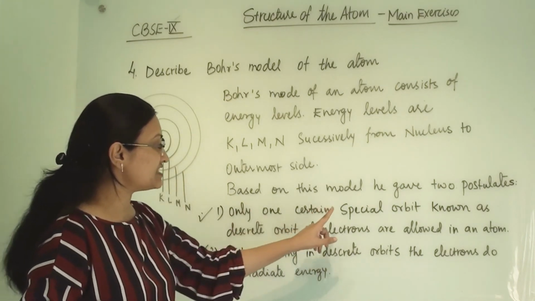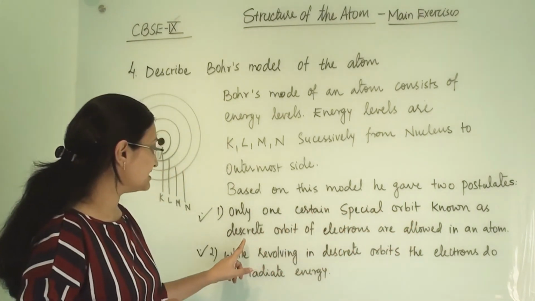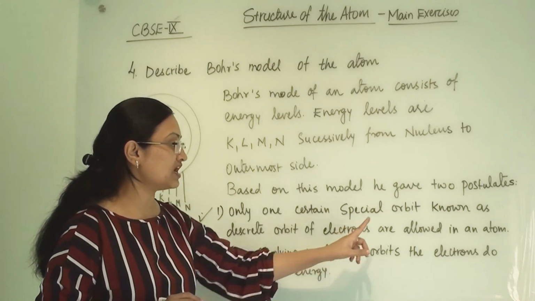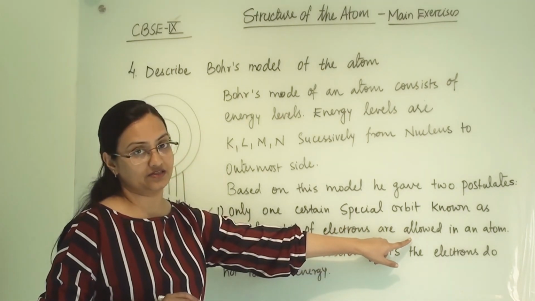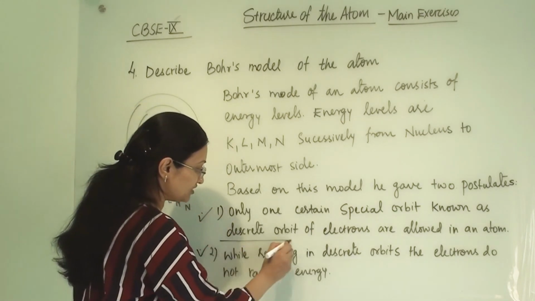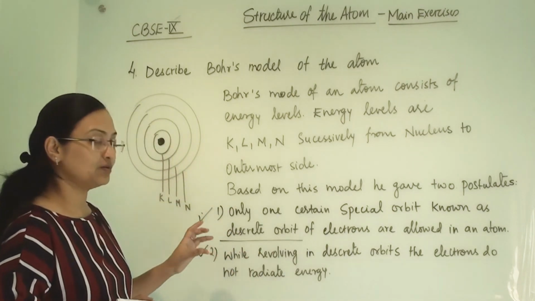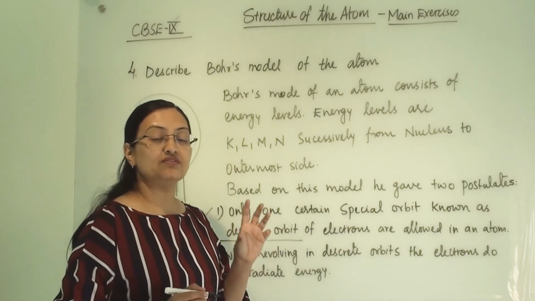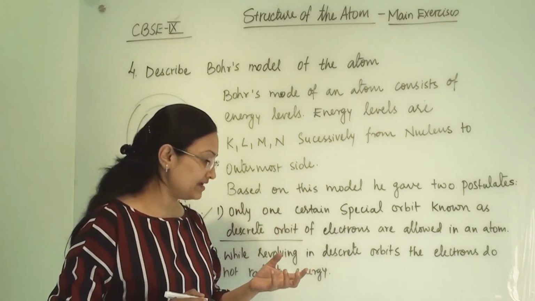Only certain special orbits, known as discrete orbits, of electrons are allowed in an atom. He came with the concept of discrete orbits.